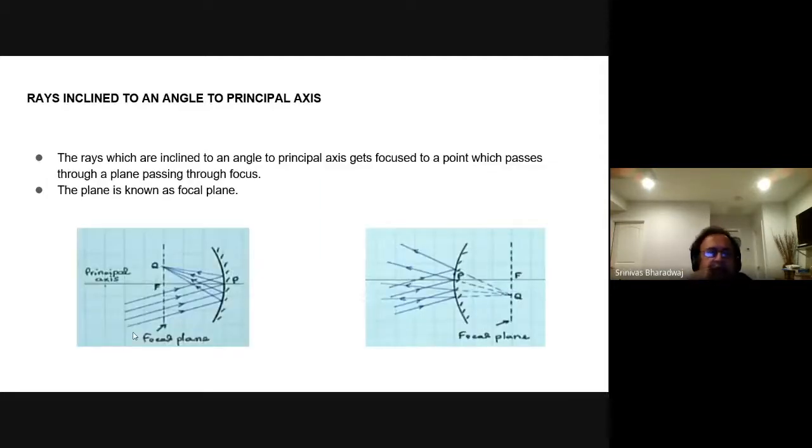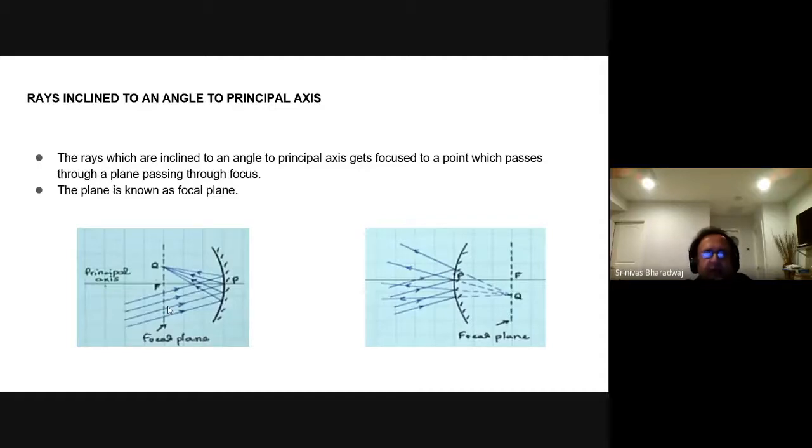So, rays inclined at an angle to the principal axis get focused to a point which lies on a plane passing through the focus. If it was parallel like this, they pass through this plane. This plane is known as the focal plane.